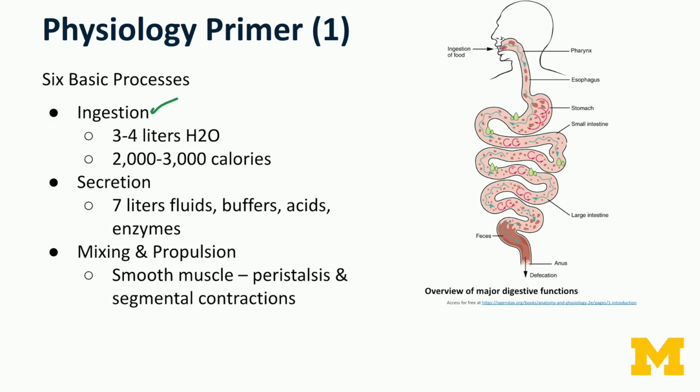There's also mixing and propulsion. So complements of the muscularis, we have both peristaltic or wave-like motions and segmental or sort of churning contractions of the gut tube wall.